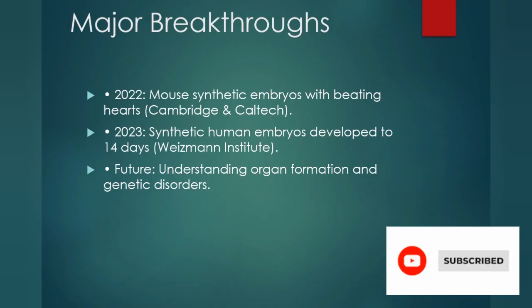Now, what are the major breakthroughs in the technique? So let's look at some landmark achievements. In 2022, researchers from the University of Cambridge and Caltech created mouse synthetic embryos in the lab with beating hearts and the beginnings of brain tissue, which helped them study so many things about animal embryo development.